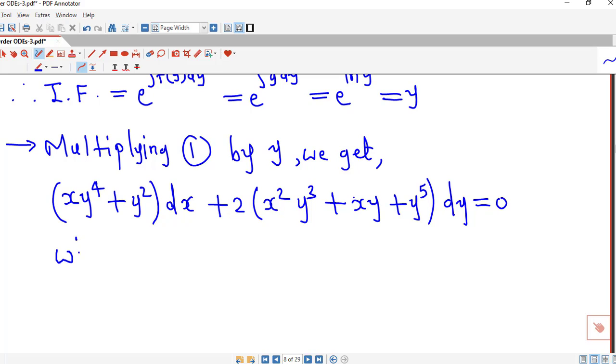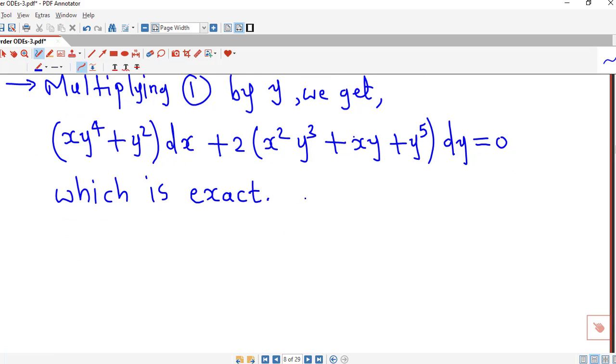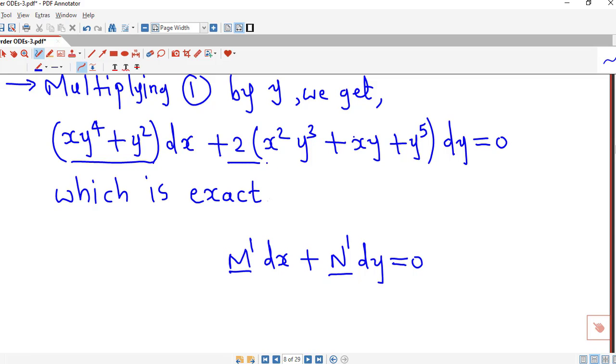And as we know, after multiplying with the integrating factor, this becomes exact. So we can consider comparison with M dash dx plus N dash dy equal to 0, because M and N are used already. So instead of M and N, we will use M dash and N dash. So this is going to be M dash, this is going to be N dash.